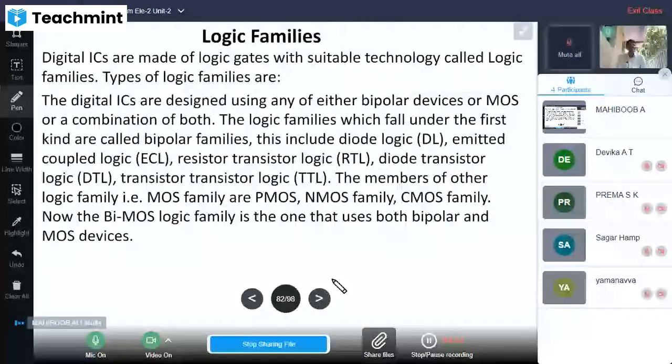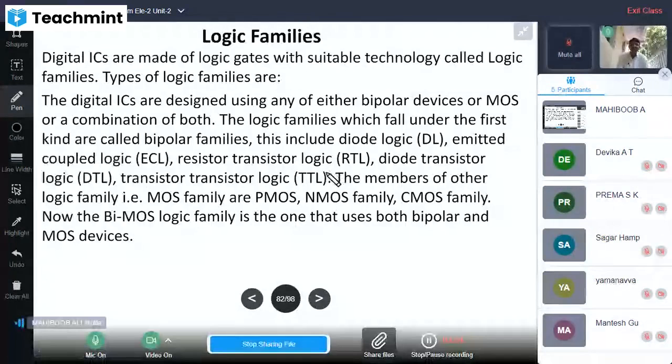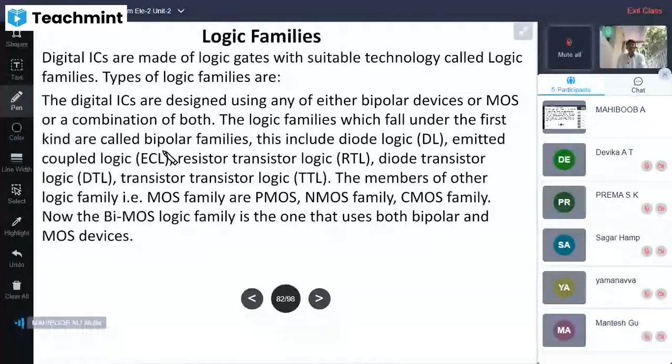Next title is logic families. When we come across logic families, first thing is all digital ICs are made up of some logic gates. Maybe 74 series, maybe 4000 series, or CMOS, TTL, etc. Whatever it may be, all digital ICs are made up of some logic gates internally.